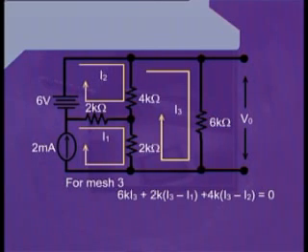However, both these currents are flowing in the opposite direction as compared to each other. Therefore, these two currents will cancel each other up to some extent if they are not equal to each other. Hence, we must take the difference of these two currents and we can write 2k into I3 minus I1. After writing this term, we proceed and reach at the 4 kilo value.